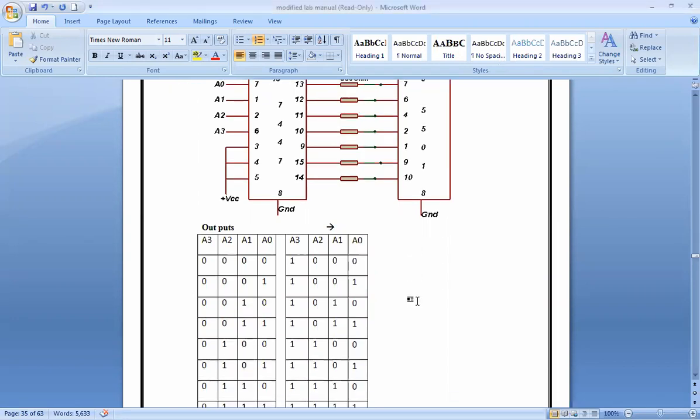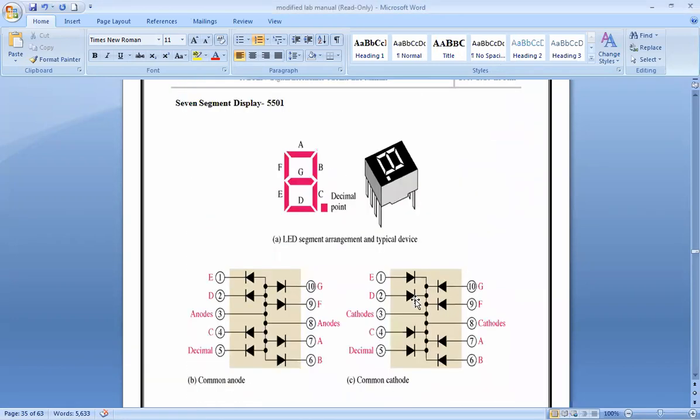So here, what is the maximum number that we are going to obtain from this 7-segment display? 9, sir, up to 9. Yes, exactly, up till 9. If I want another digit, then I will have to install one more 7-segment display.